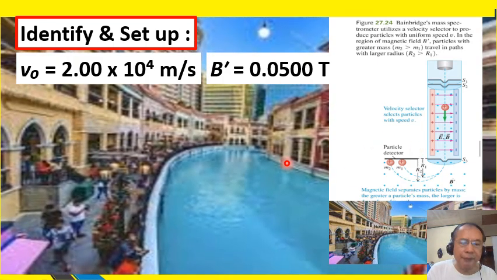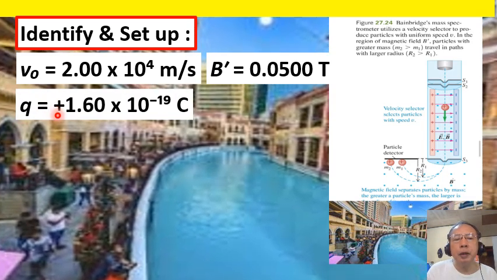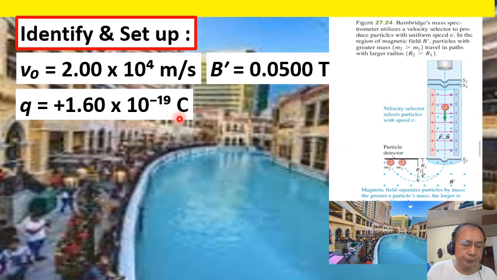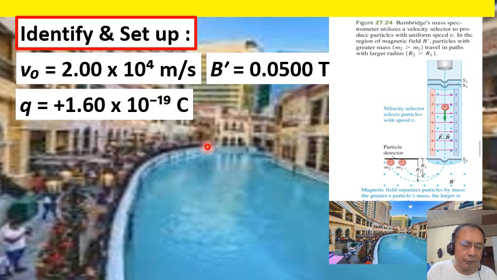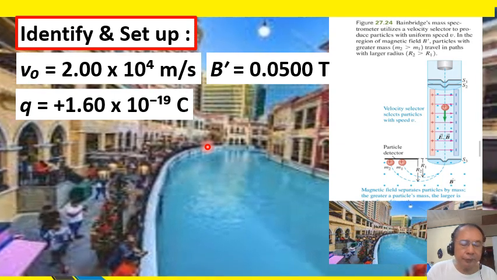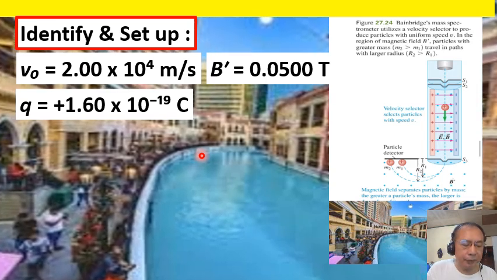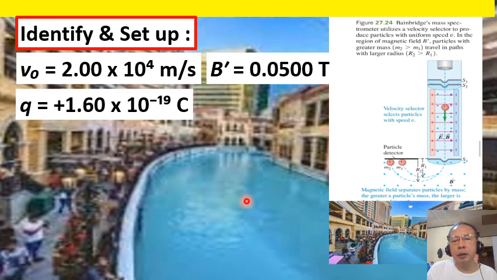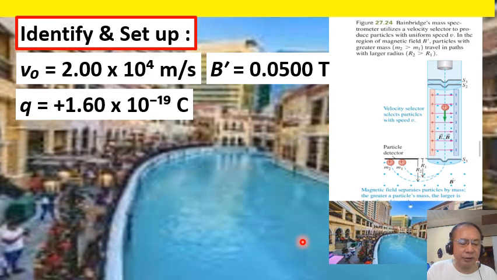All the ions have the same charge q equal to positive 1.60 × 10^-19 coulomb. When they encounter this magnetic field, they are deflected because of the magnetic force produced by the magnetic field on the moving charges.